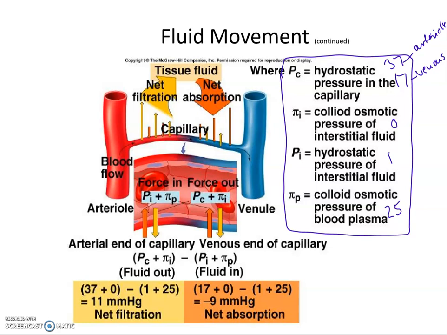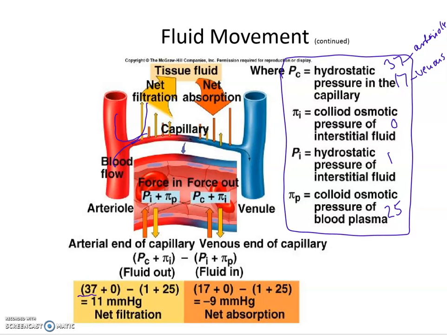Now let's see how these forces are all adding up. On the arterial side of the capillary, we're going in with pretty high pressure, pushing blood into this capillary bed, and we have a significant outward force. So we have a net filtration force that's significant. The forces at play would be the 37 millimeters of mercury of the hydrostatic pressure in the capillary at the beginning, and then we're subtracting 0 for the colloid osmotic pressure of the interstitial fluid.